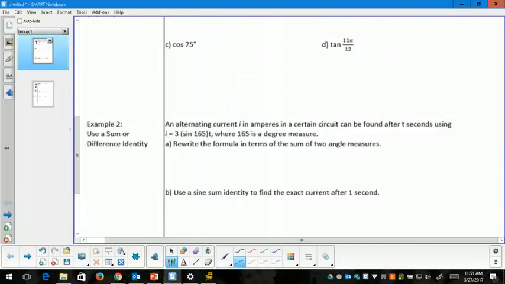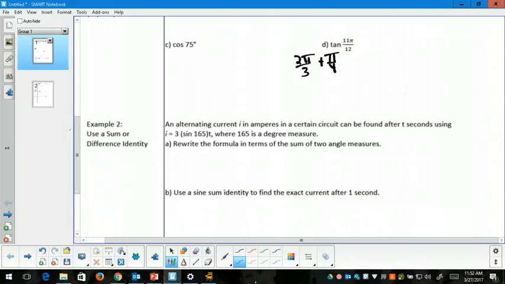Now there are a number of ways to get to 11 pi over 12. One of the ways that you can get to 11 pi over 12 is to do 2 pi over 3 plus pi over 4. Because that would be 8 pi plus 3 pi, each over 12. So if I treat this as pi over 4 and 2 pi over 3, one of them coming from quadrant 2, one of them coming from quadrant 1.